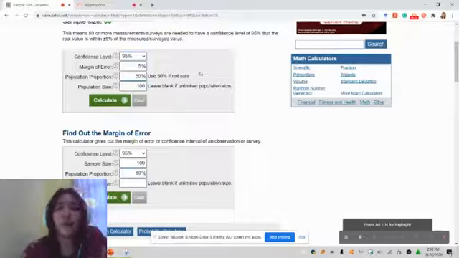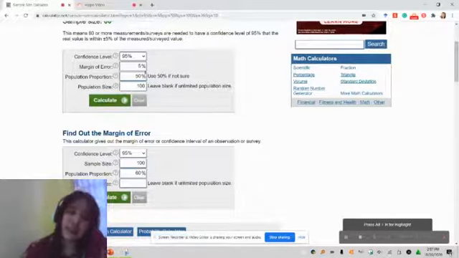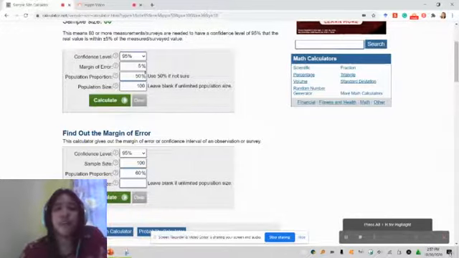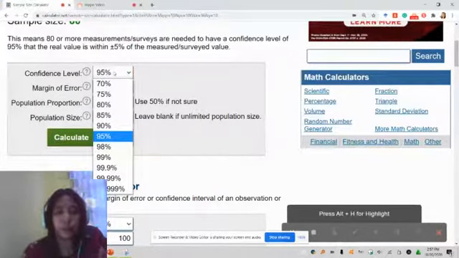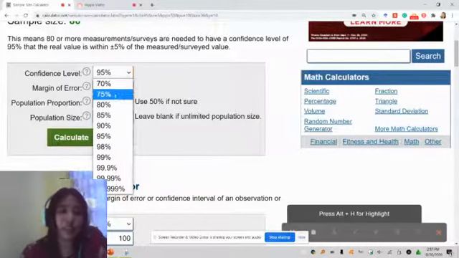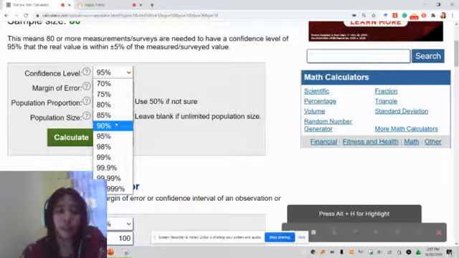For the population size, if you know it, then you can place it here. But if you are not aware, or if it's unlimited, or you do not have the data, then you can just leave it blank. So let us consider, we will set the confidence level to 95. As you can see, there are a lot of options, but the most common confidence level used is 95 to 99%.